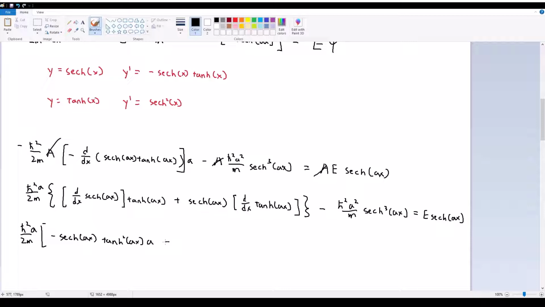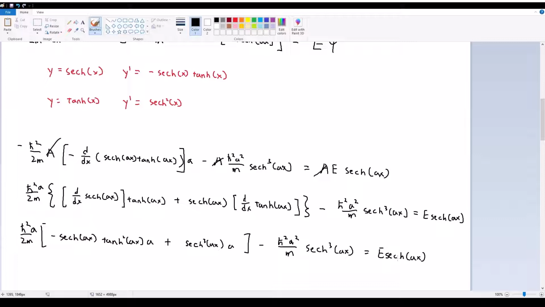Then we have the derivative of hyperbolic tangent, which is going to give us hyperbolic secant squared. So there's going to be hyperbolic secant cubed of ax, once again multiplied by a factor of a due to product rule. And then we're subtracting h bar squared a squared over m times hyperbolic secant cubed ax. And this is equal to e hyperbolic secant ax.